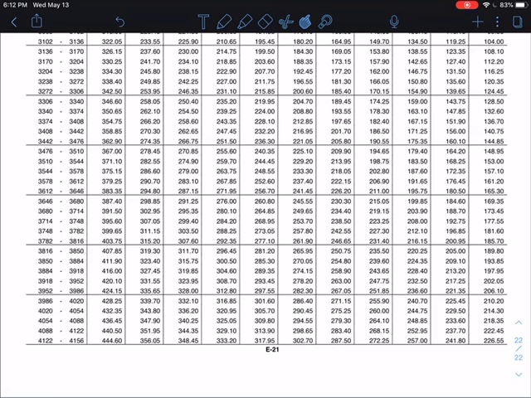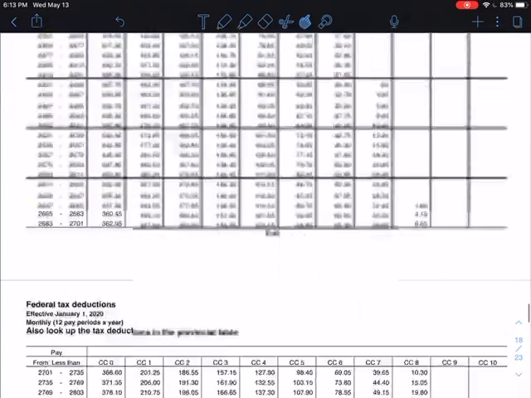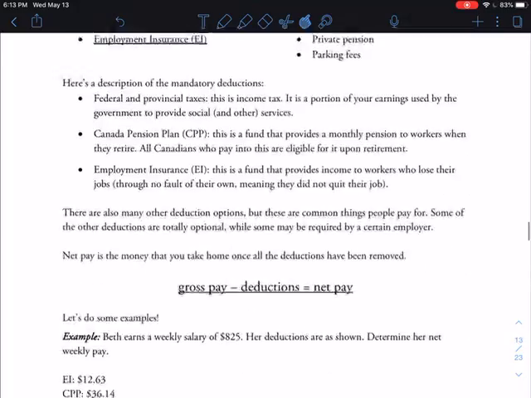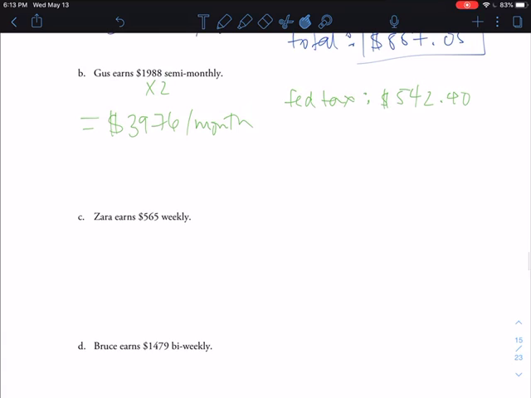Okay, so we're looking for 3,976. I'm here at the bottom. We're all very close to the bottom of the page here, and I'm going to see that we have this bracket, or this interval, as our winner, which gives us $424.15 in tax. Oh boy, too far. Sorry, guys. There we go.